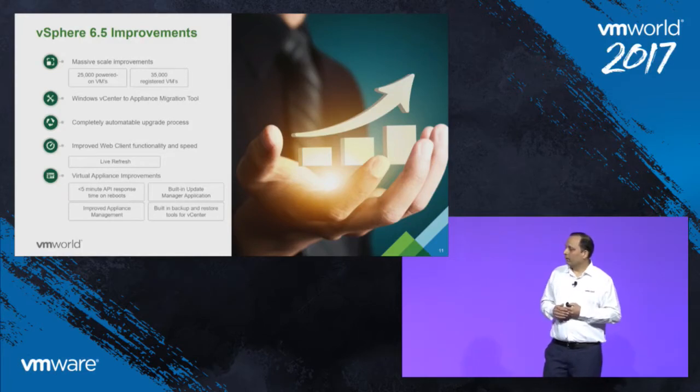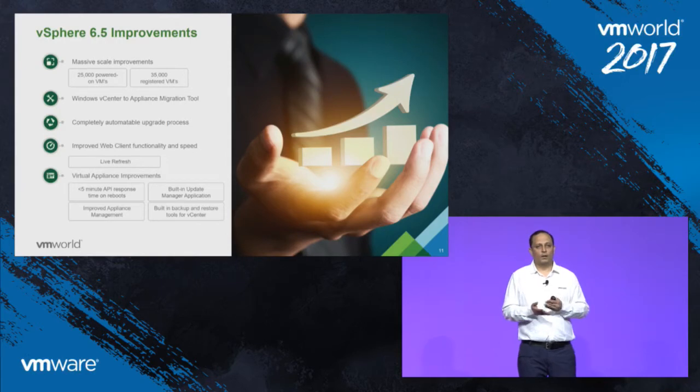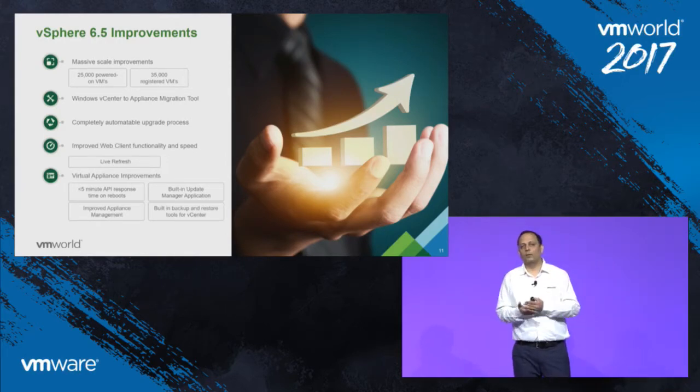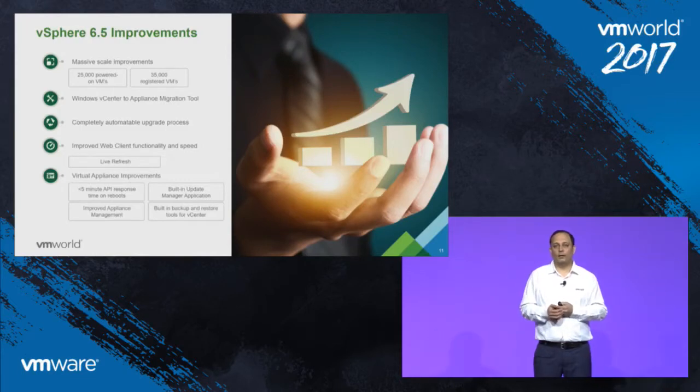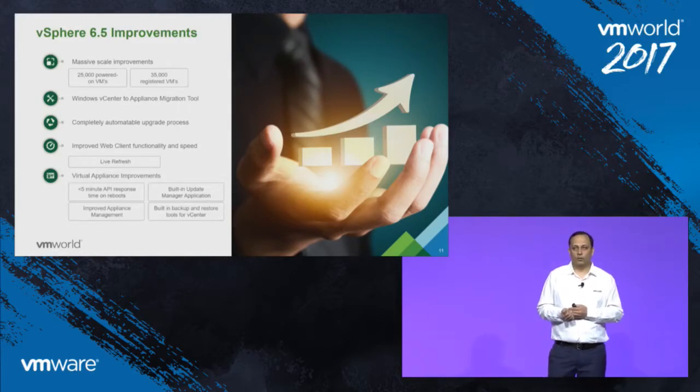Along with that, it has better boot and restart times. Earlier with Windows, if you were doing reboots, it took a lot of time to bring up the services. Now with the vCenter Server Appliance, the API response time is lower because of the lower reboot time, so it is less than 5 minutes for you now.